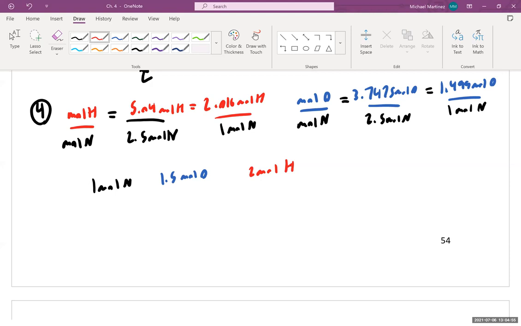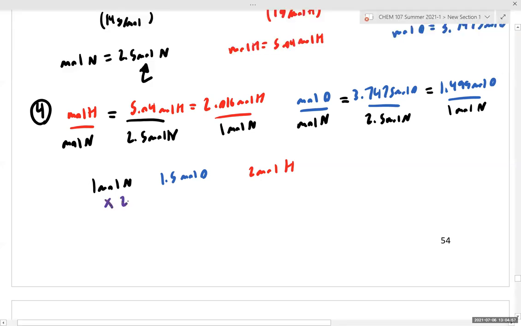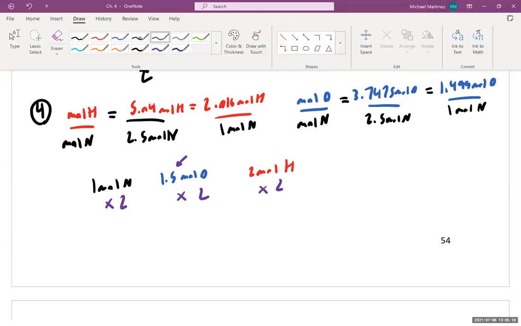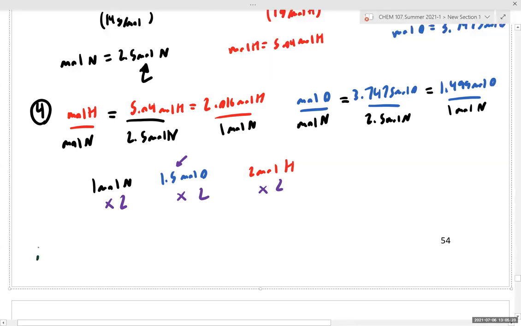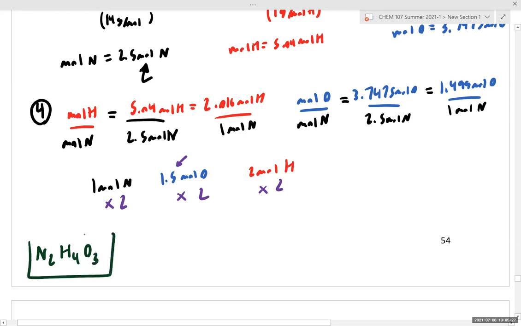What whole number do we need to multiply each of our moles by in order to get a whole number empirical formula? We have 1.5, 0.5. What do we need to multiply by to get a whole number? We'd multiply by 2. That gives us an empirical formula of N2H4O3.